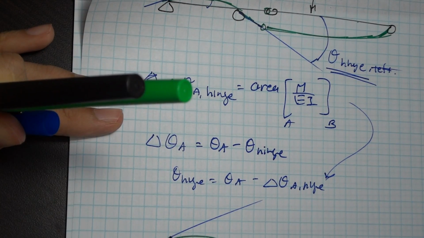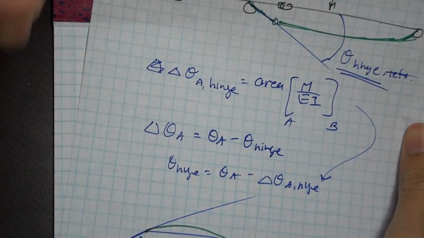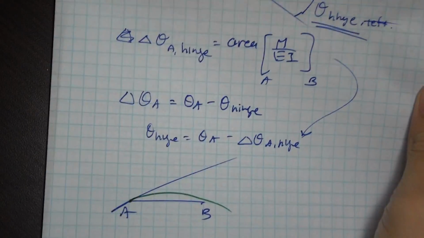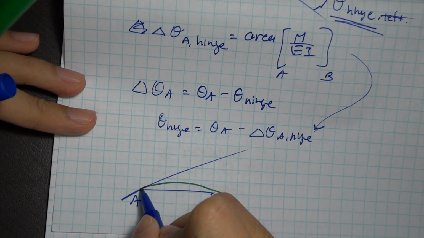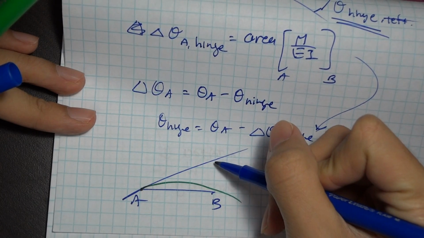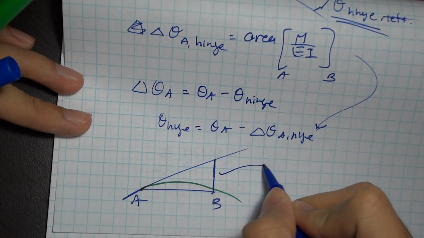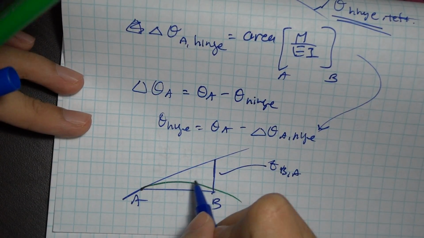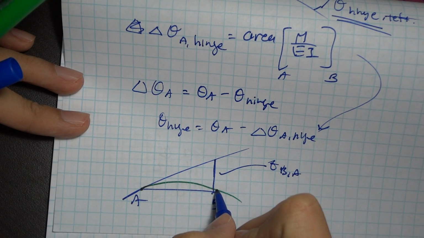Sorry, going off screen. This tangent here, let's call that the hypotenuse of a triangle. If I do that, then this length here is my t_BA. This is the distance from the tangent at A to B at point B.